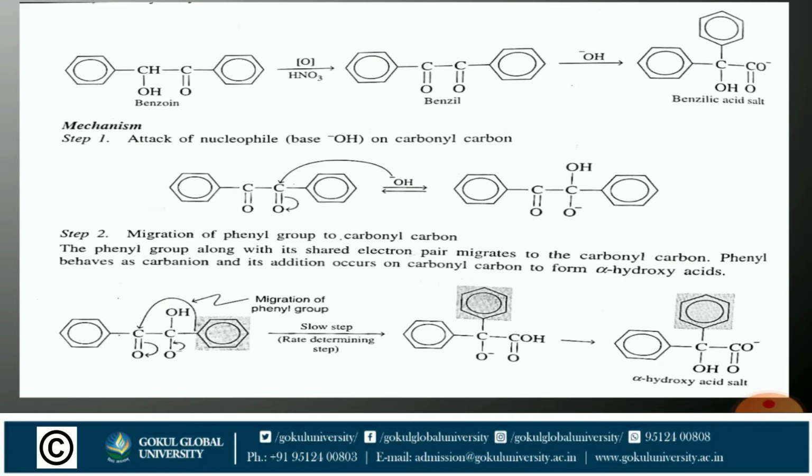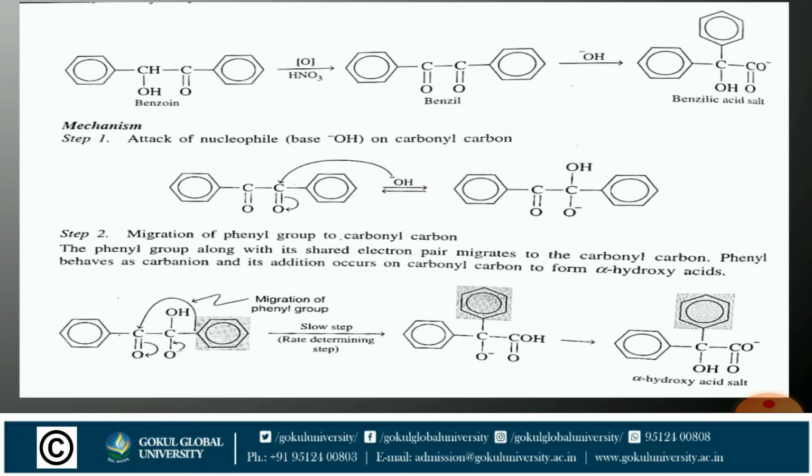Why does it migrate? The negatively charged carbonyl oxygen tries to form a bond between carbon and oxygen, and that makes the valency of the carbon atom 5, which is unstable, so it breaks a bond to get a stable structure. That's why the phenyl migrates. This step is very slow and it is also the rate determining step.